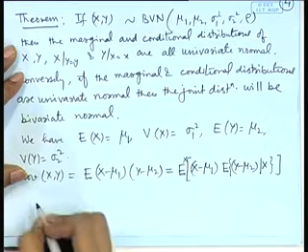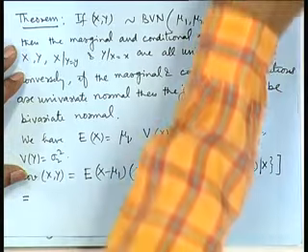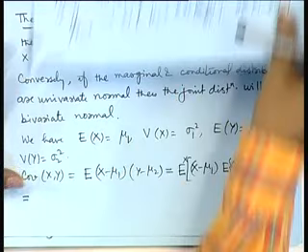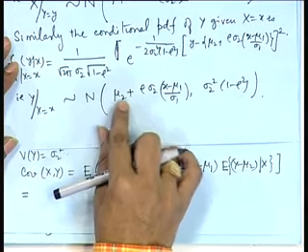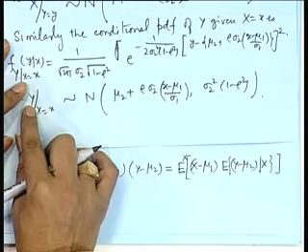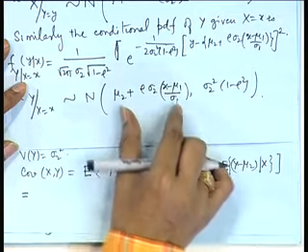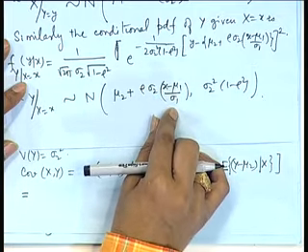The conditional distribution of y given x was calculated to be a univariate normal distribution, and the mean was mu 2 plus a certain term. So, expectation of y given x will be mu 2 plus rho sigma 2 times x minus mu 1 by sigma 1.